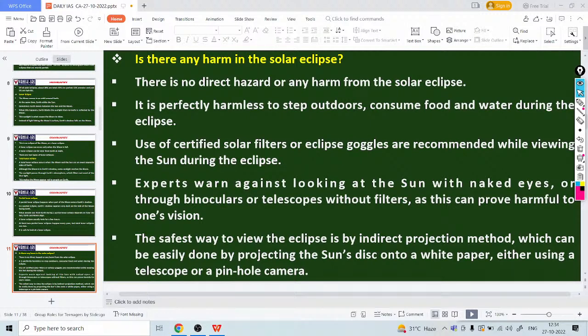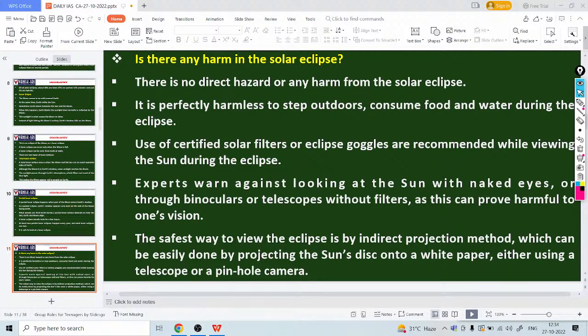Use of certified solar filters or eclipse goggles is recommended while viewing the sun during the eclipse. During solar eclipse, it is advised to use filters or eclipse goggles.